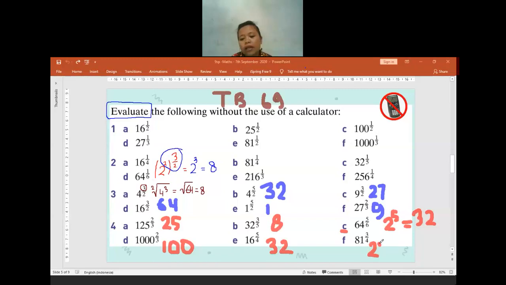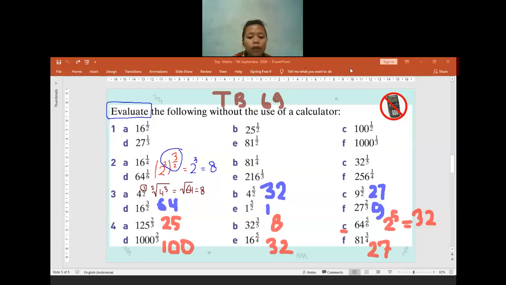Correct. Is there anyone who has difficulties or is getting confused so far? Or is there anything that we need to discuss more? No? Okay. If you have no question, I will move to the other explanation. We are going to use fractional indices but using algebra, not using numbers anymore.